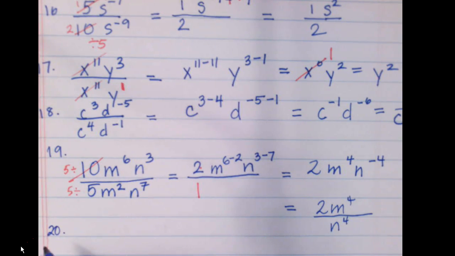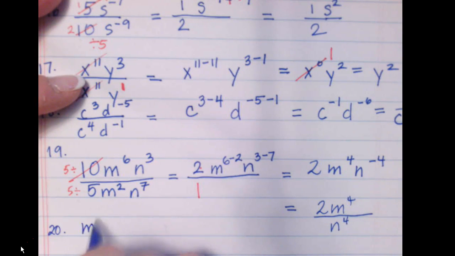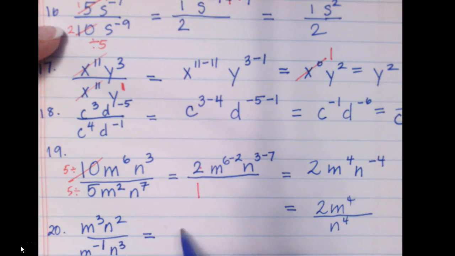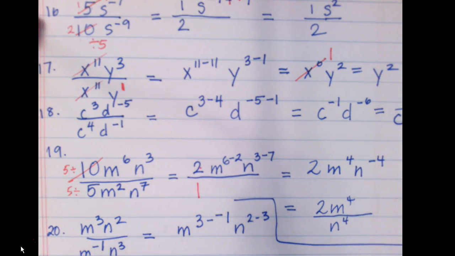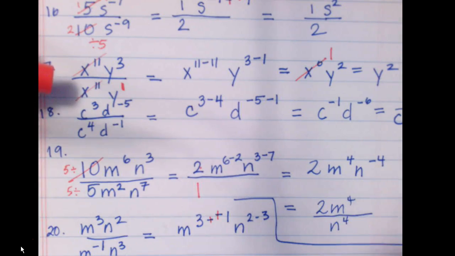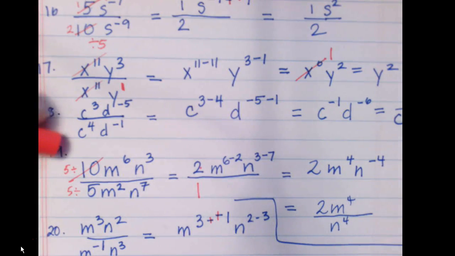Alright, the last one for this section is number 20, m cubed n squared over m to the negative 1 n cubed. So I'm going to write down my variables, m, 3 minus 1, n, 2 minus 3. And now let me work out the math. So 3 minus 1, that is 4, m to the 4th.